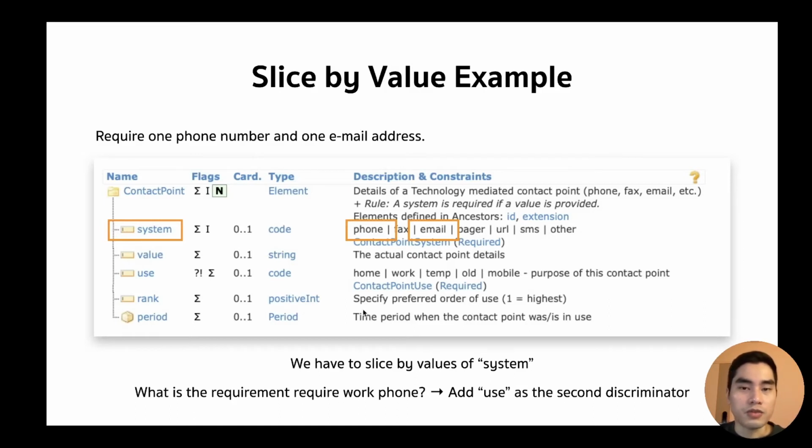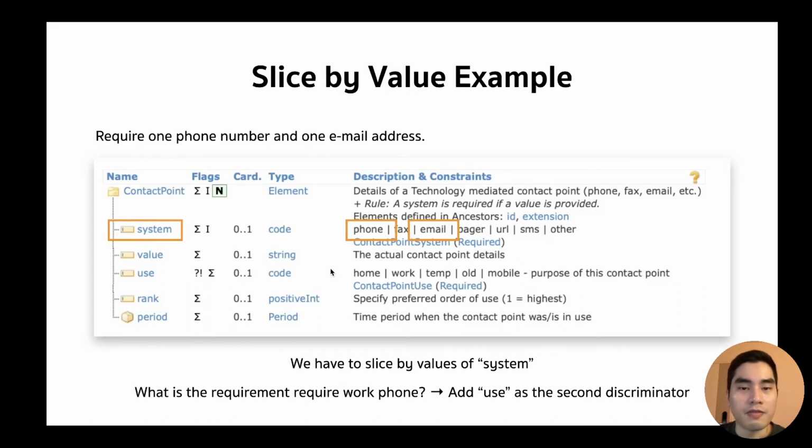And what if we want to discriminate by type of contact as well, like home phone, work phone, temporary phone? My mouse is here, so maybe you can guess. Yes, we have to add use as a second discriminator.